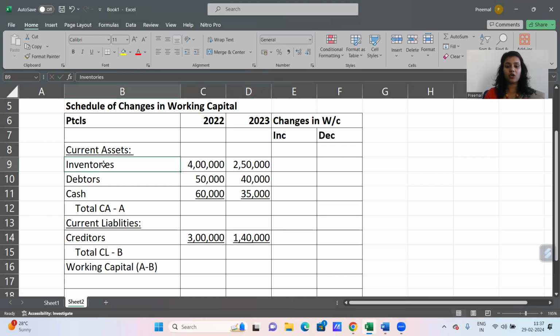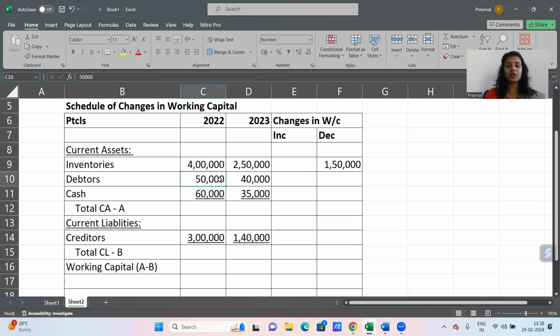Over here, stock or inventories shows a decrease. From 4 lakh, it has decreased to 2 lakh 50,000. That is a decrease of 1 lakh 50,000. So this difference in amount will be mentioned under the decrease column. Next, moving on to debtors.